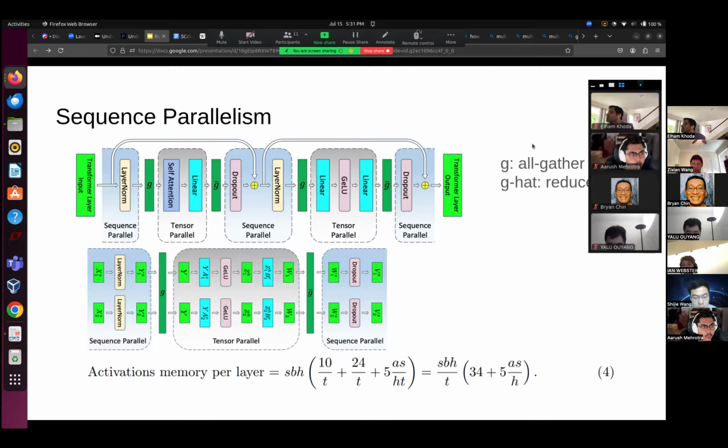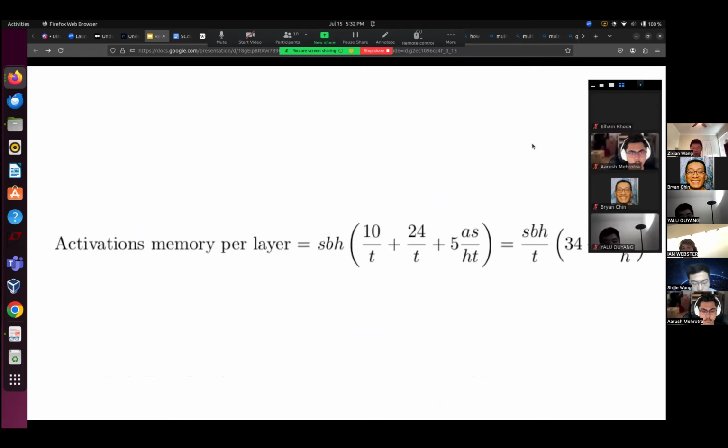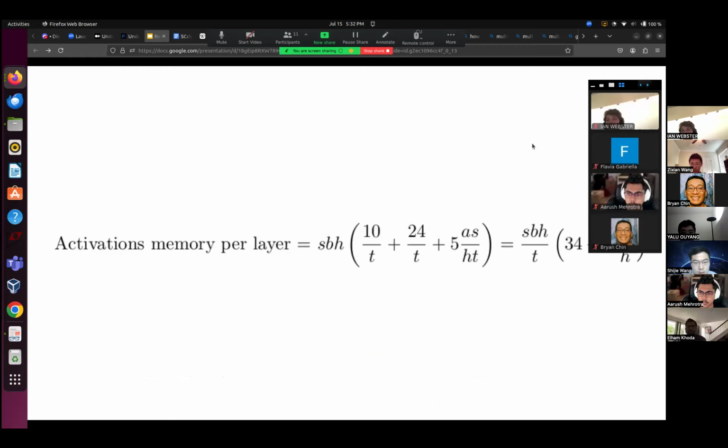Yeah, and moving on to the next slide. I think this is pretty much sequence parallelism. Sorry, I really apologize for not having a good visualization. But if you guys have any questions, you can ask.